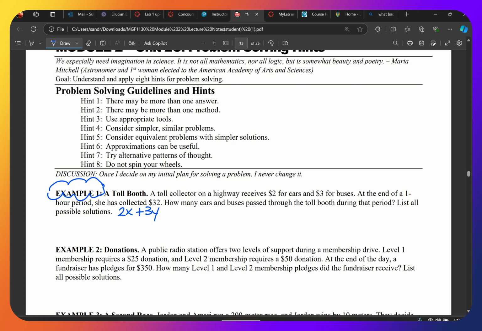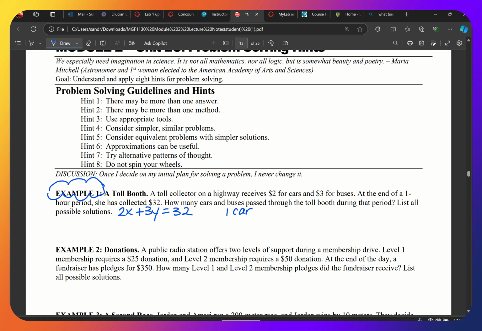And at the end of the hour, she collected $32. How many cars and buses passed through the toll booth during that period? List all possible solutions.